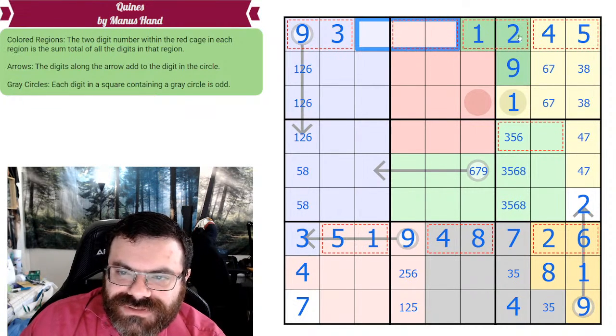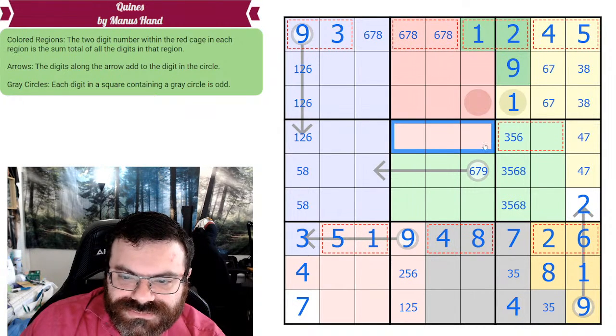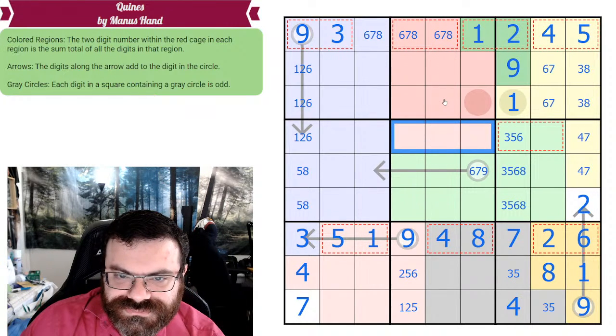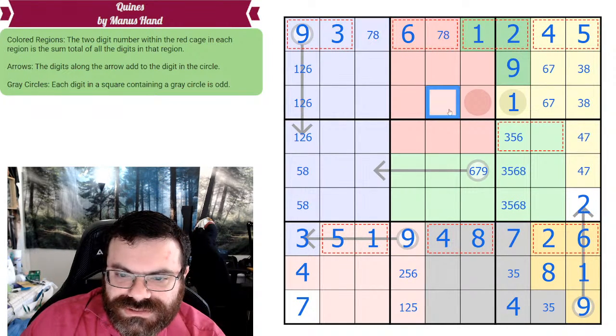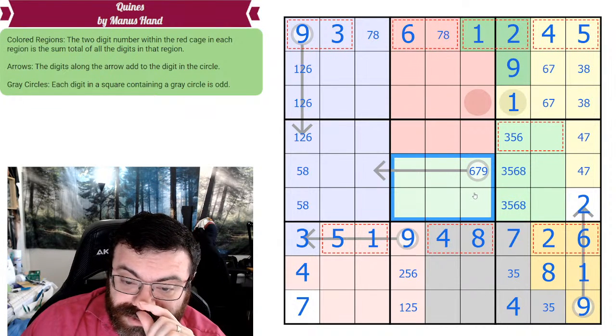So this has 3 left. We have 1, 2, 3, 4, 5. This is 6, 7, 8. We know what this adds to. It's 44. This would max at 24. 68's our max. So that's a 6. Okay, so we know this is big then. So this has to be much smaller.